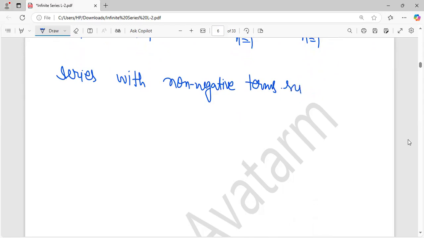So that c_n is less than b_n for all n belonging to N.